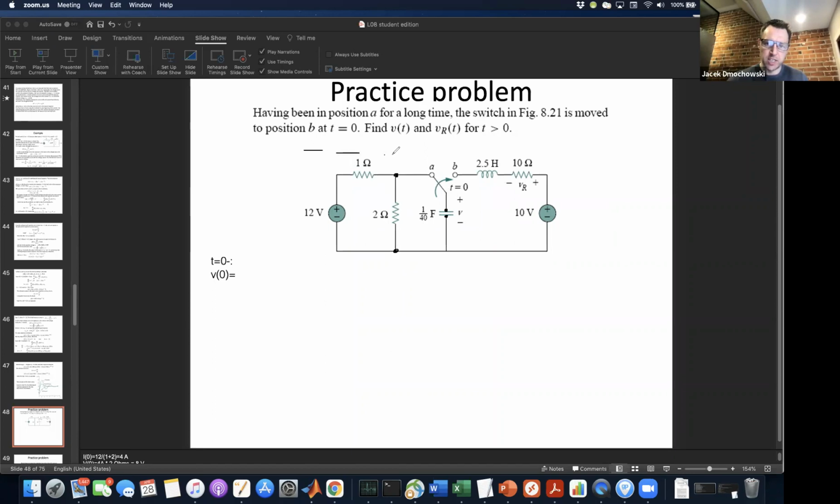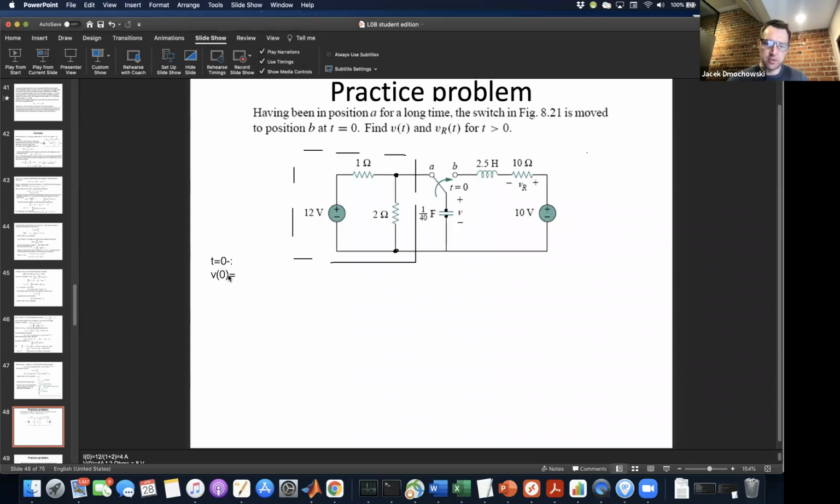Well, if you just consider this. Eight volts, excellent. That's very well done. V of 0 is absolutely equal to 8 volts, right? And the reason is because of voltage division.